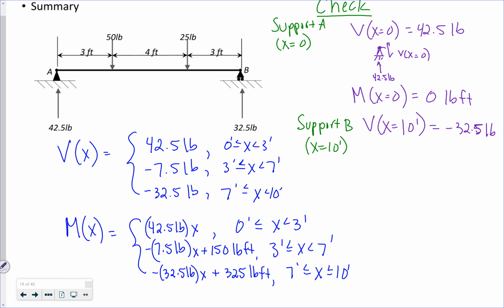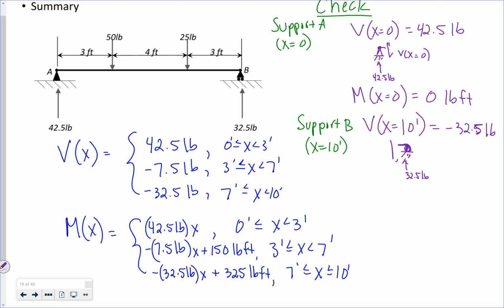Which again, if I'm looking right at support B, if I go back and look at my sign convention, it's acting downward because it's negative, but it's because I'm drawing it that way.